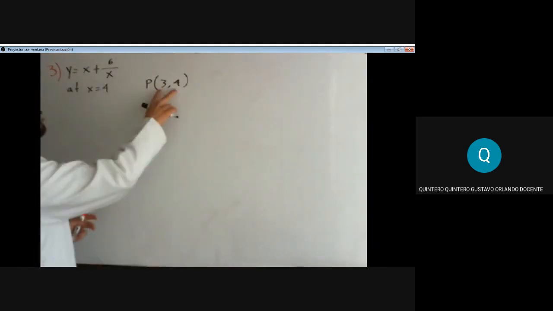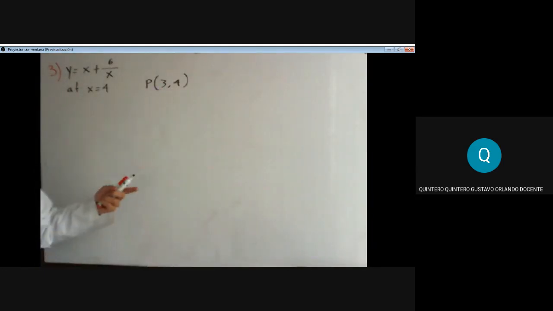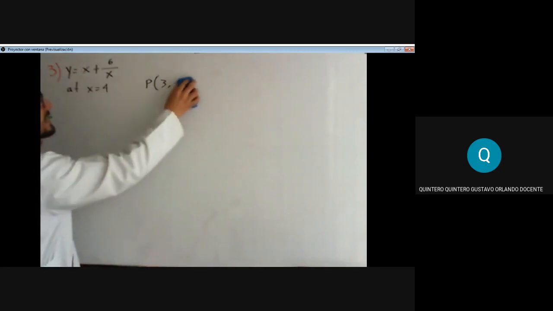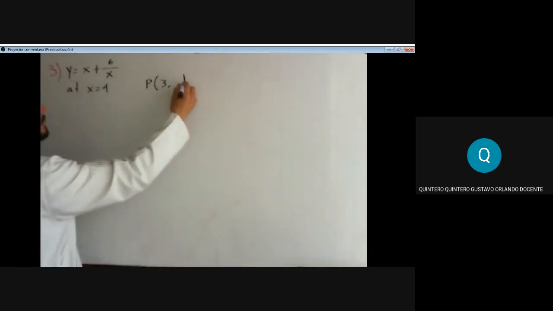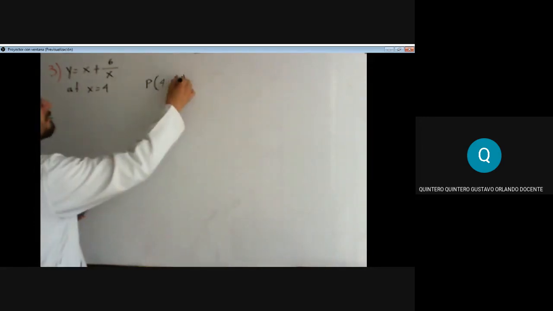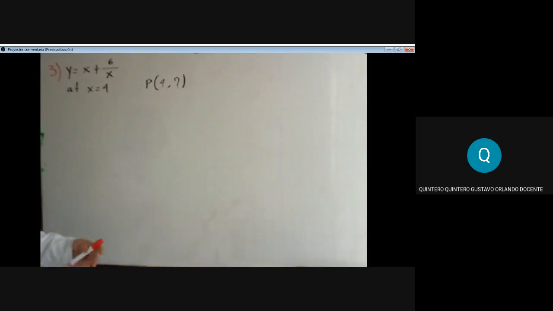We had the full coordinates, and we needed those to be able to find the full linear equation. But in this case, we were just given the x. It's as if we were given (4, something), and we don't know that something right now. So the first step I would do is find the y coordinate for this point.